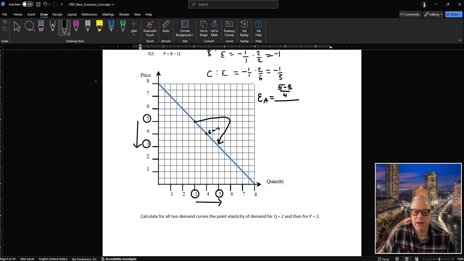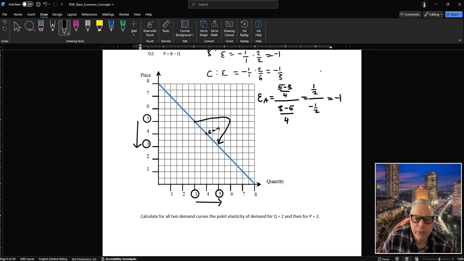And now we divide by the relative change in the price. Again, the new price is 3 minus the old price, 3 minus 5 over the midpoint, 4. So now this is 2 over 4 or 1/2, and this is negative 2 over 4, so negative 1/2. So we get here an arc elasticity of -1.